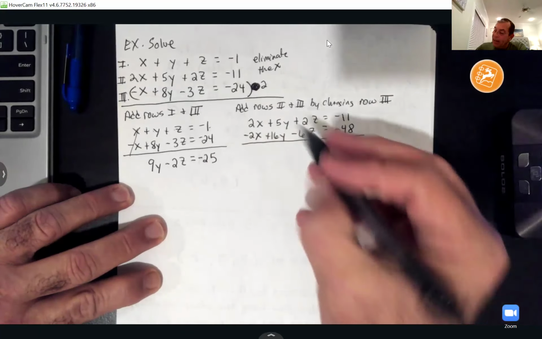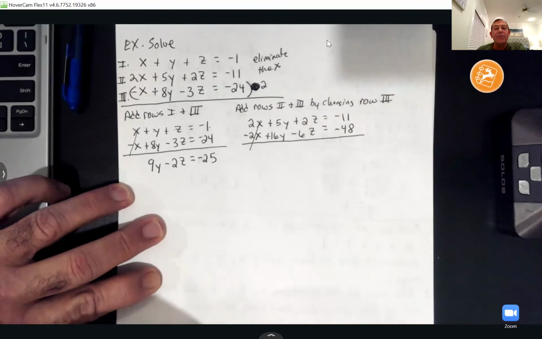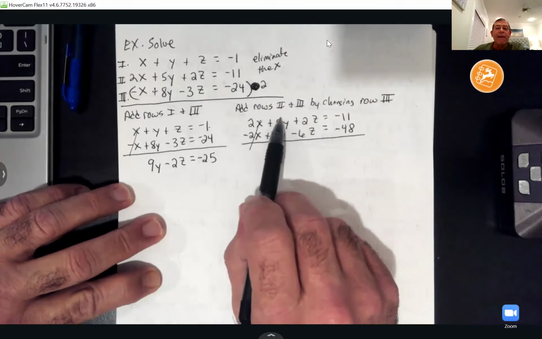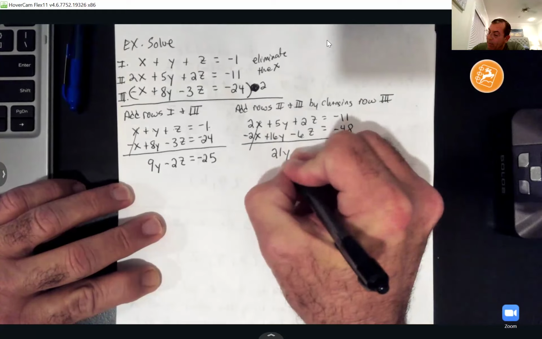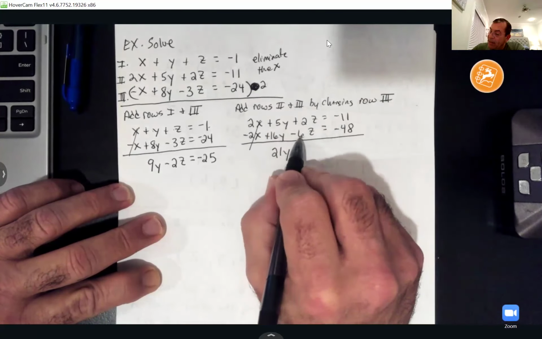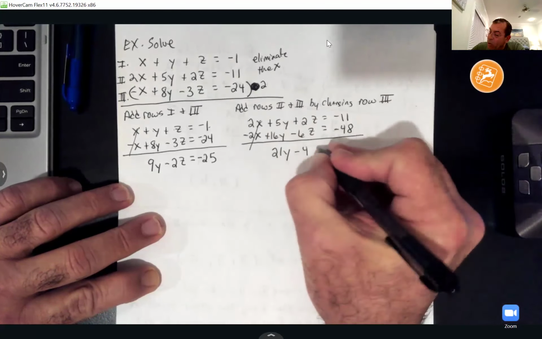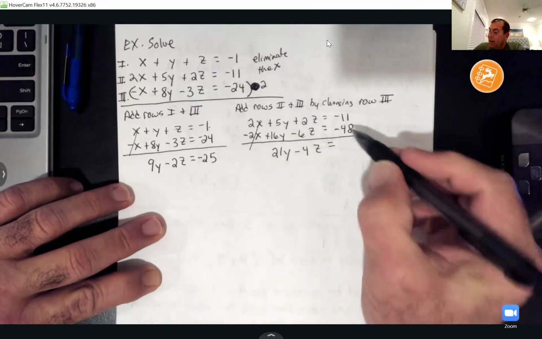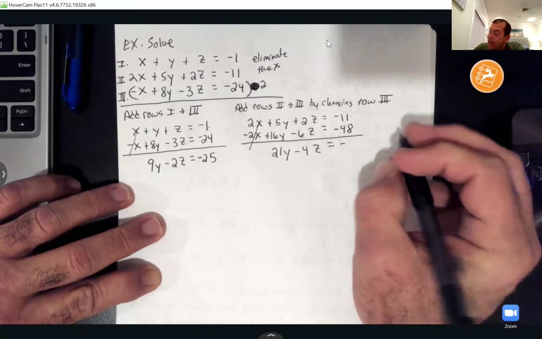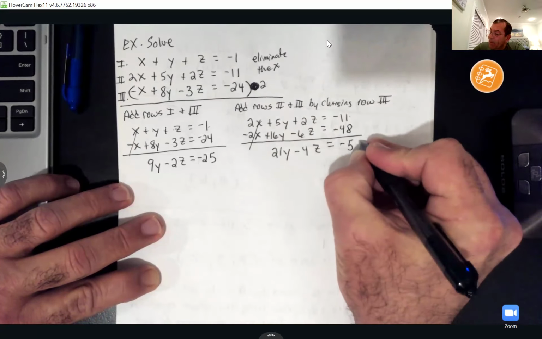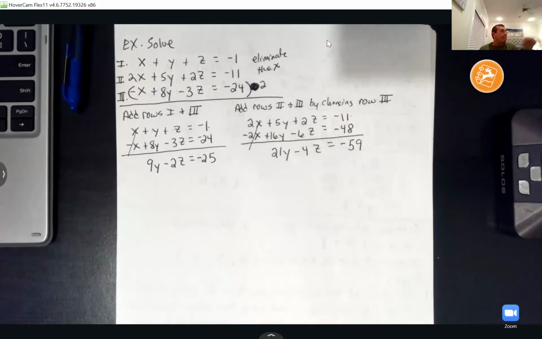All right, y'all, but look at that. X is canceled again. So I got 5 and 16, which give me 21y. 2 and -6 gives me a -4z. And then that -11, -48 is a -59.